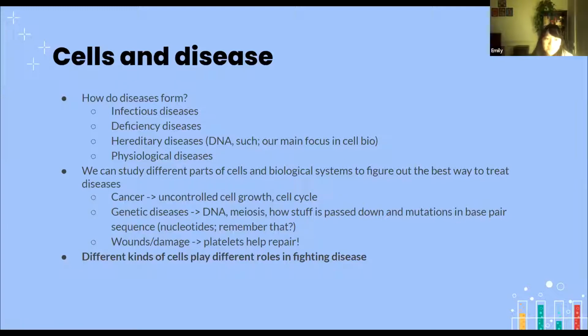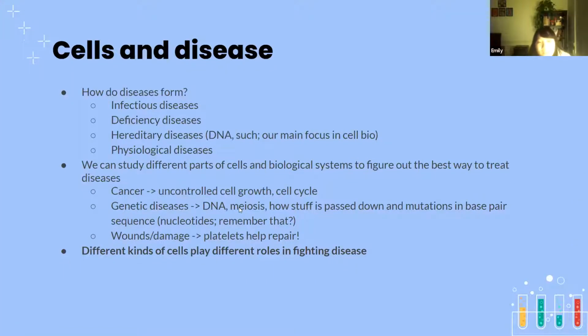Another example of cells would be in a physiological disease. For example, if you scraped your knee and your body was trying to replenish the skin where the wound cut open, platelets would come and stop the blood from flowing out, and platelets are a specific type of cell.